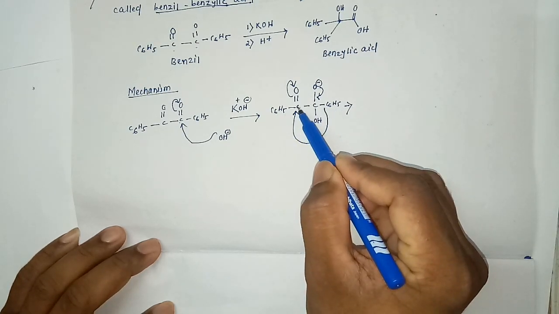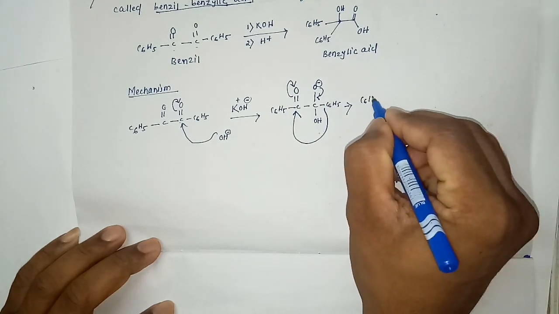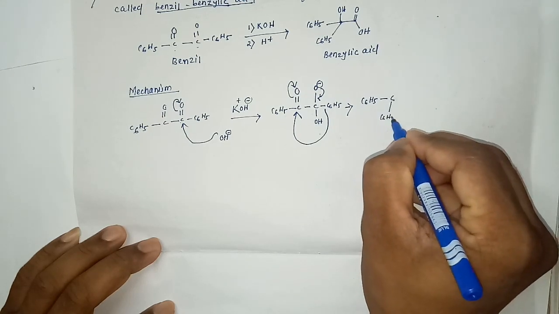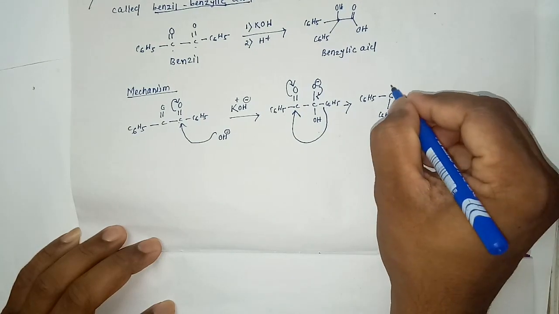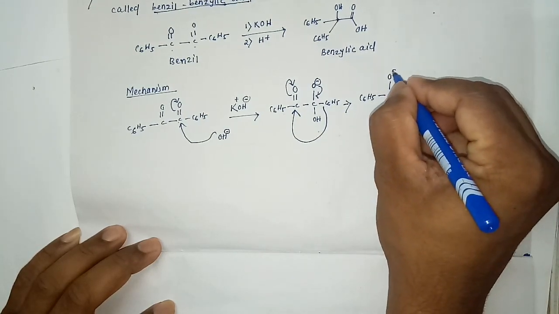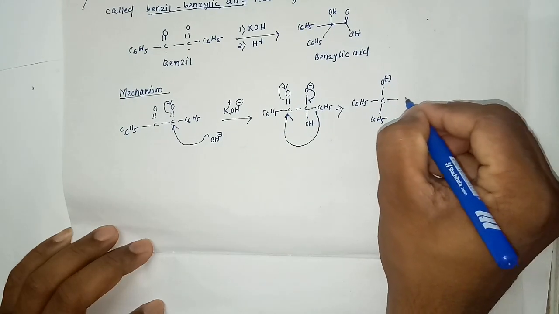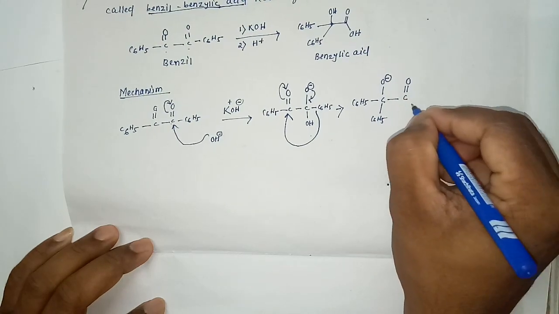So finally we get C6H5, C6H5, and this is O negative charge, and this is C=O and OH.